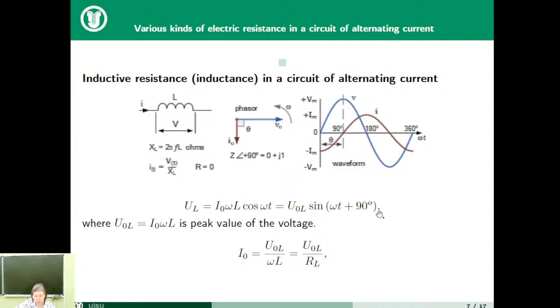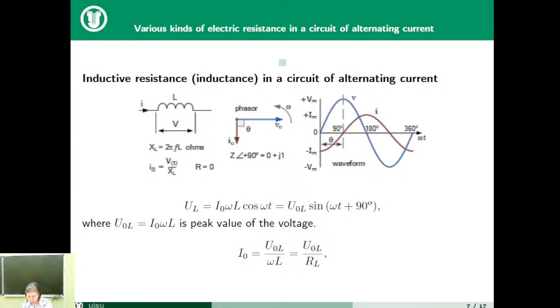Look at this picture, this expression, where U0L is a product of three values, I0, omega, and L, the peak value of the voltage. From this formula it follows that I0 is voltage divided by omega L, and this omega L is the inductive resistance of the coil.